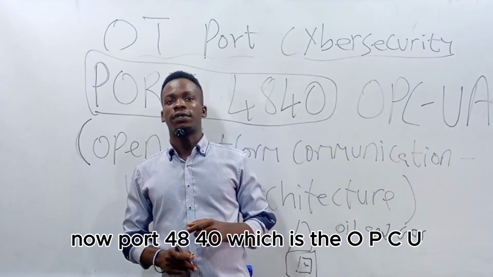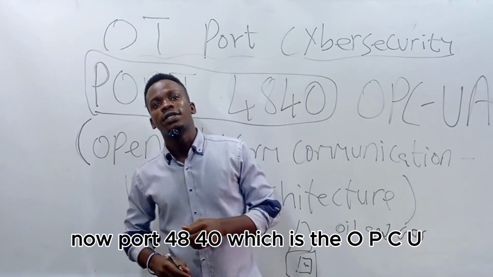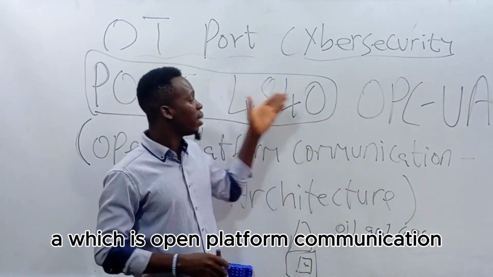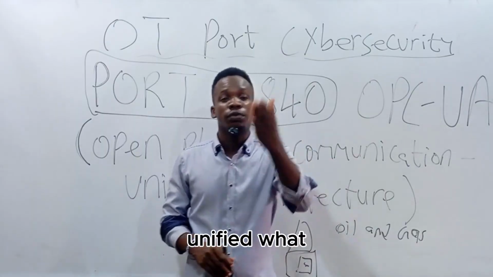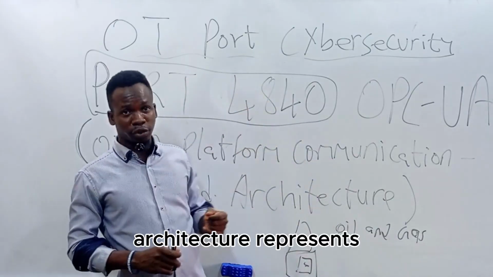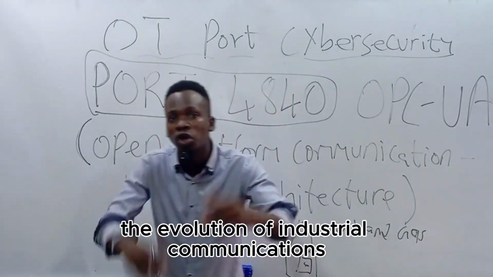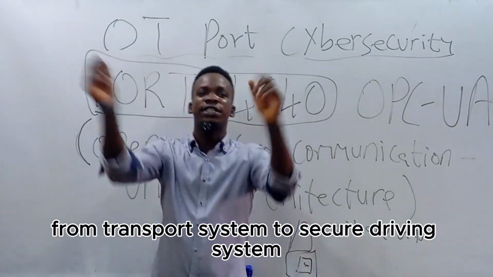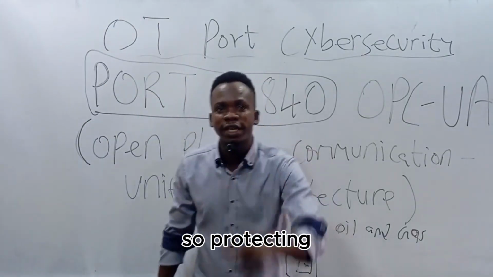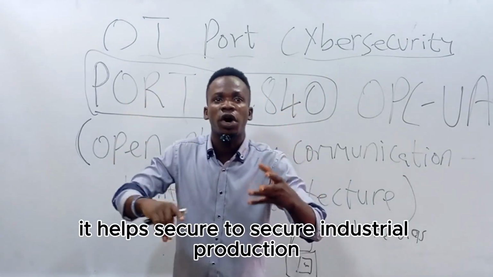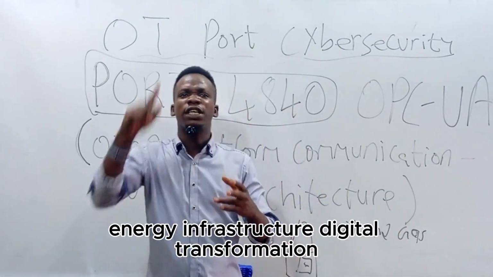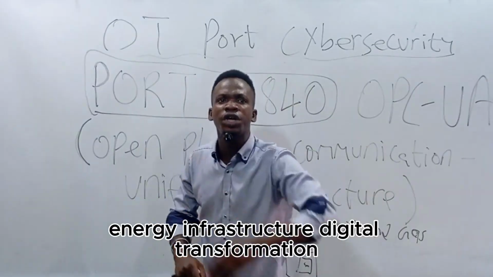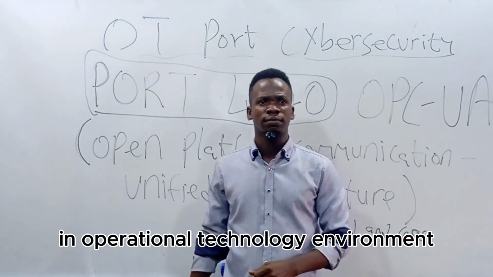Port 4840, which is OPC UA, Open Platform Communication Unified Architecture, represents the evolution of industrial communications from trust-based systems to security-driven systems. Protecting it helps secure industrial production, energy infrastructure, and digital transformation in operational technology environments.